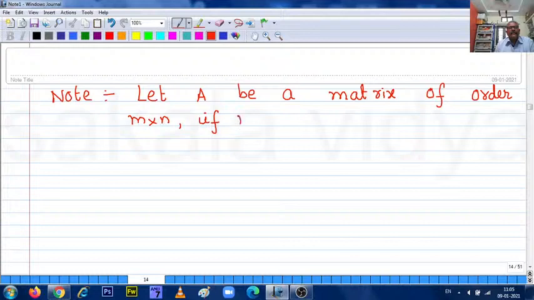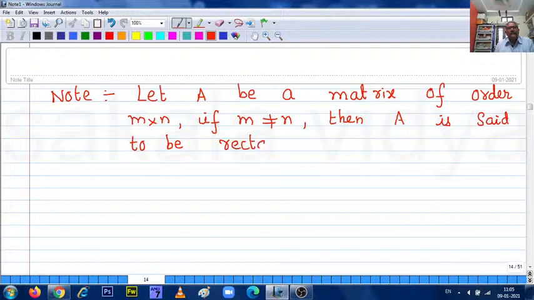If m is not equal to n, then A is said to be a rectangular matrix. So like this also we can say, if A is an m by n matrix and m does not equal n, then A is said to be a rectangular matrix.